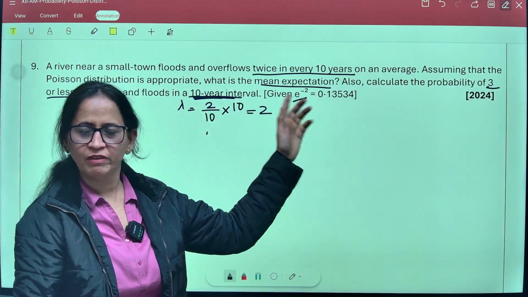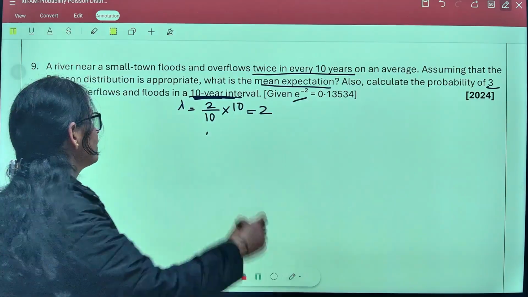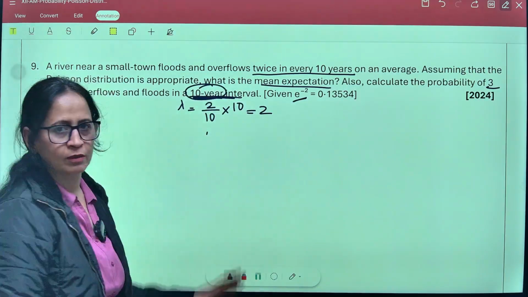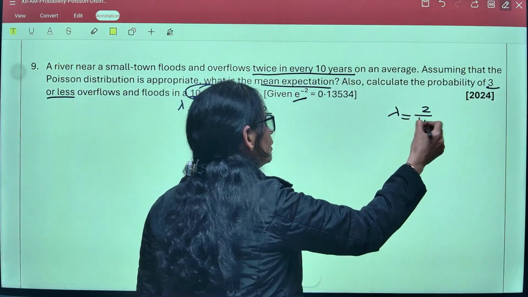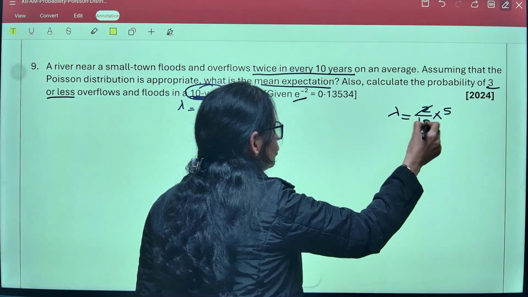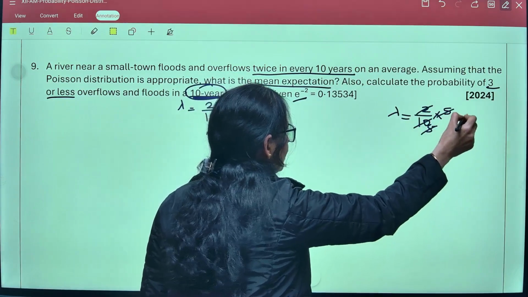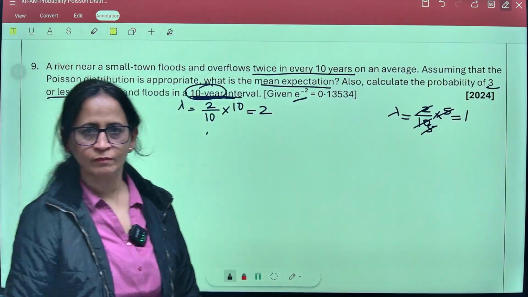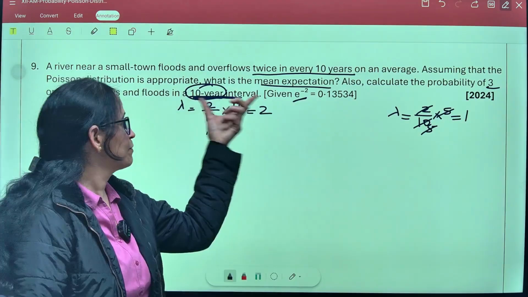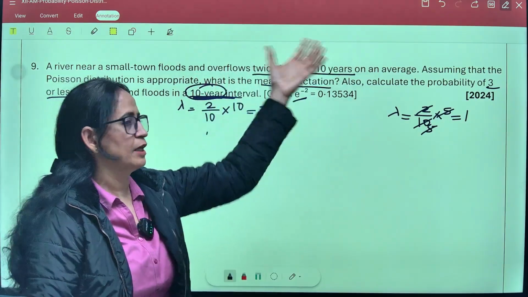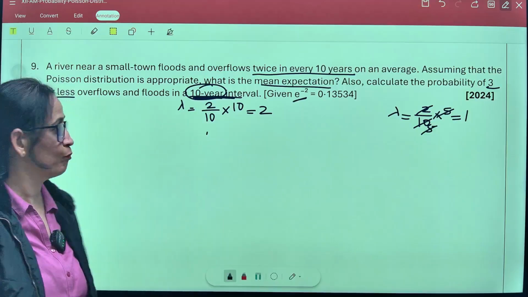For example, if it was a 5-year interval here, what would have been the value of lambda? Then lambda would have been 2 upon 10 into 5. 2 5s are 10, and it comes out to be 1. So you need to calculate the value of lambda very carefully as per the intended interval and the rate at which the information is given to you.